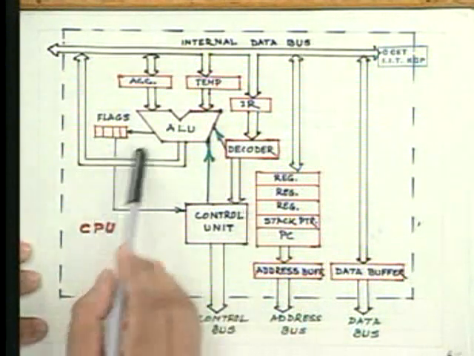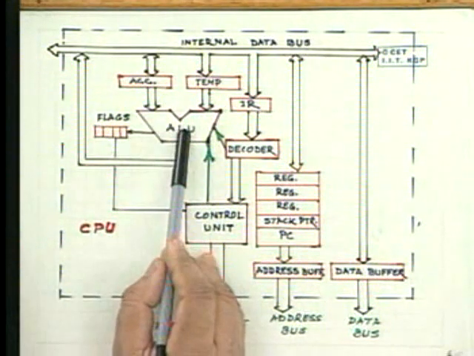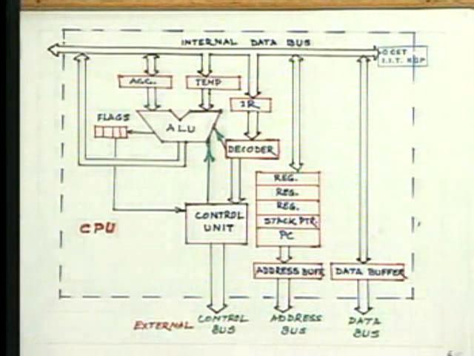Inside, here is an arithmetic and logic unit which does all the arithmetic and logical operations. The operations that the arithmetic and logic unit can perform are, say, addition, subtraction, multiplication and division. It can be on fixed point data, that means where there is no decimal point, or on floating point data where there is a decimal point.